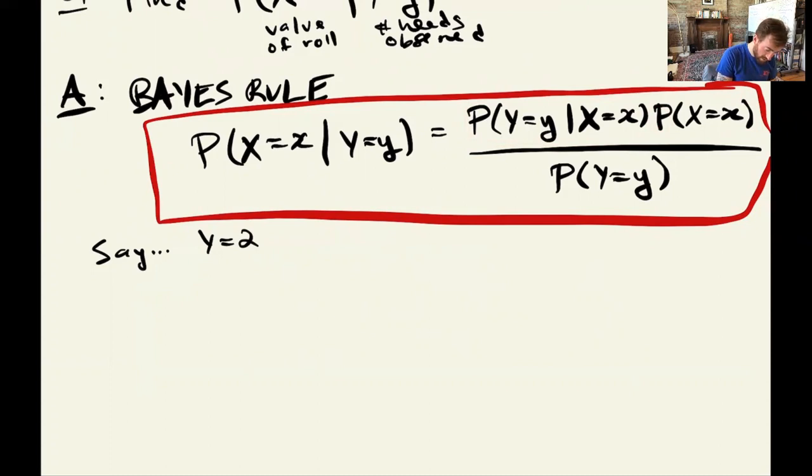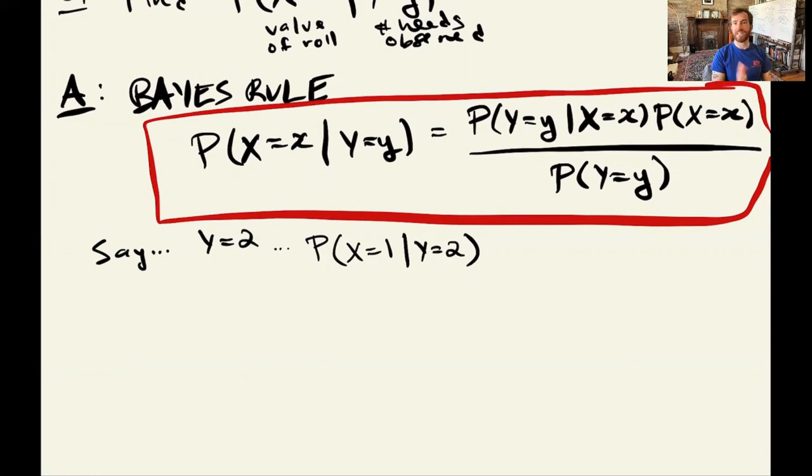So what's the probability that x equaled 1, given the information that y was equal to 2? Now let's think about this. We're told that we had 2 heads, but the rule of the experiment was, given the value of x, we're going to flip the coin a number of times equal to whatever x was. Well, we know we got 2 heads.